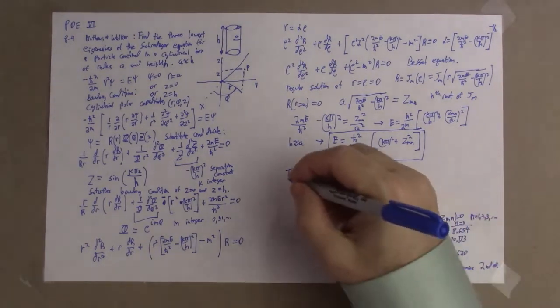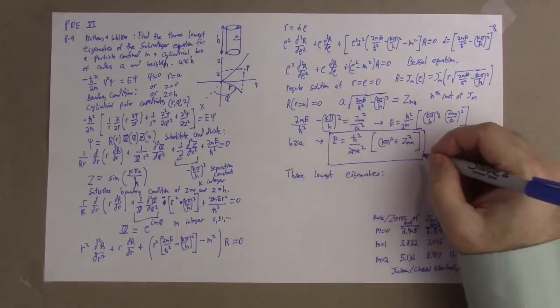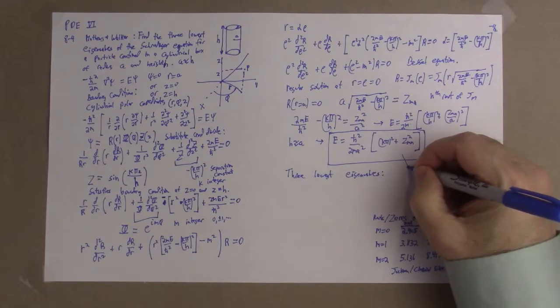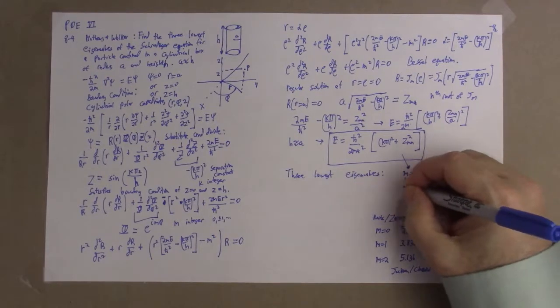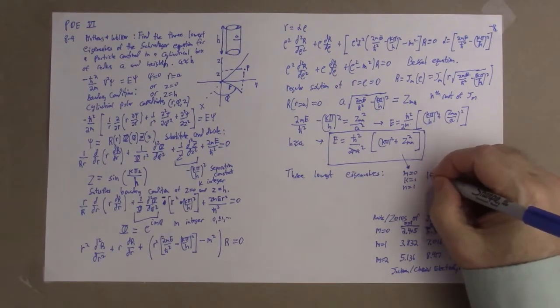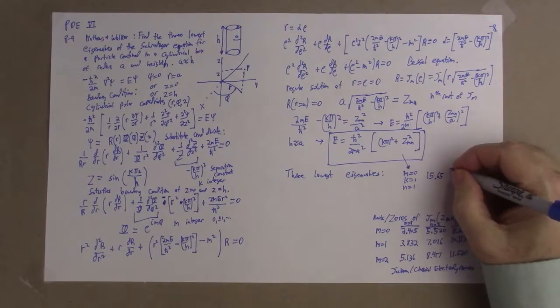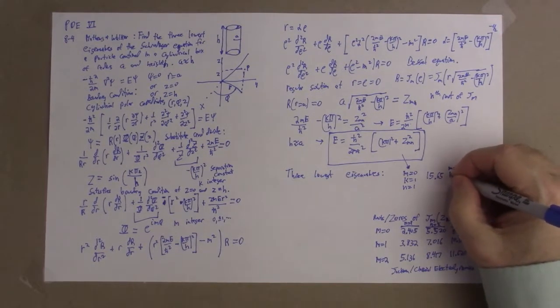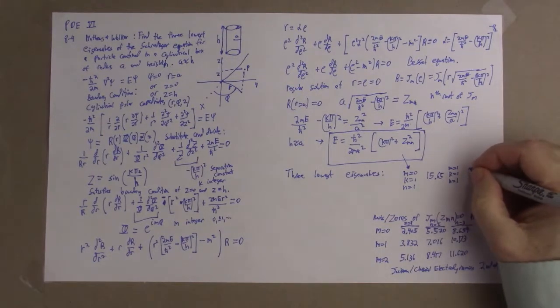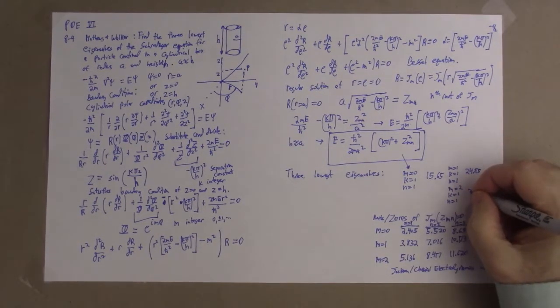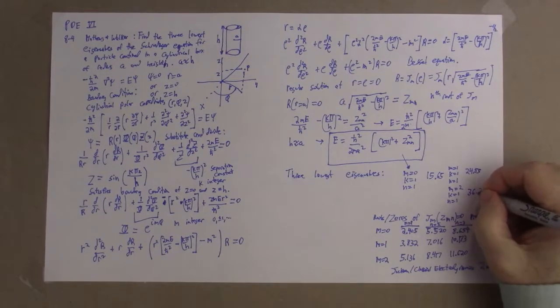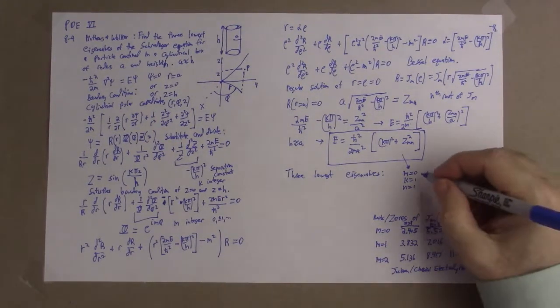You find out pretty quickly that this factor over here for m equals 0, k equal 1, n equal 1, that's the lowest, it's 15.65. For m equal 1, k equal 1, n equal 1, it's 24.55. And finally for m equal 2, k equal 1, n equal 1, it's 36.25. And you can verify that the other combinations are much bigger than all these three.